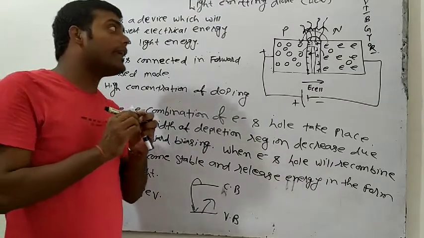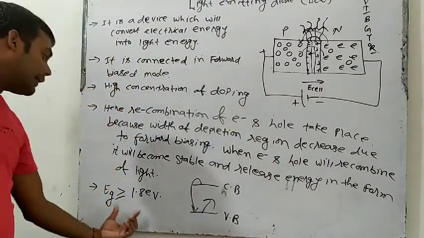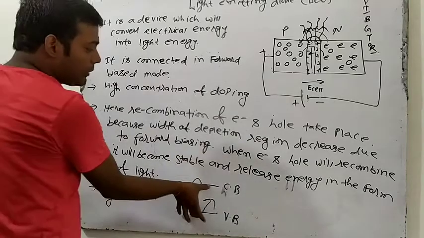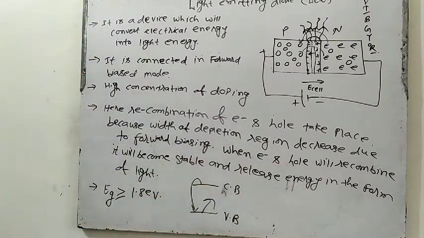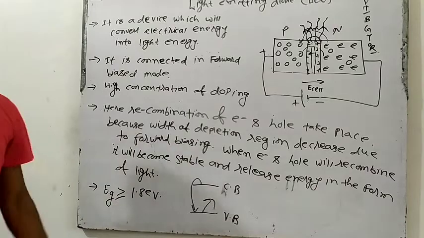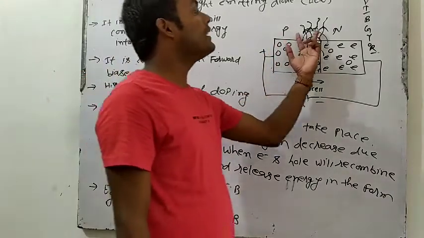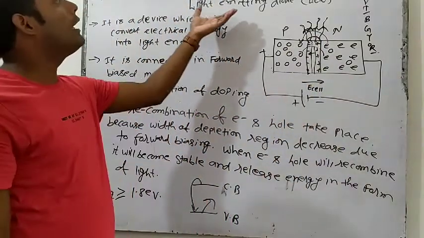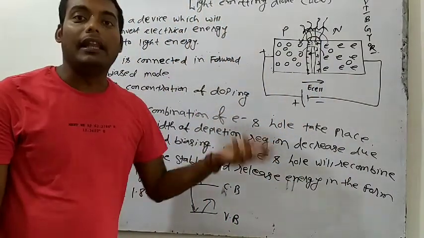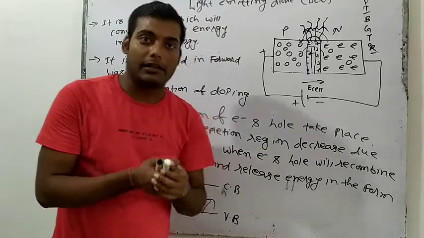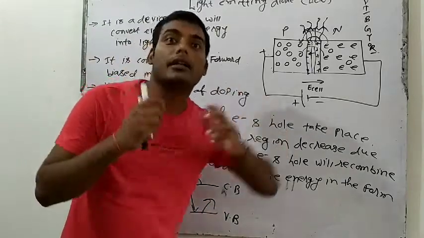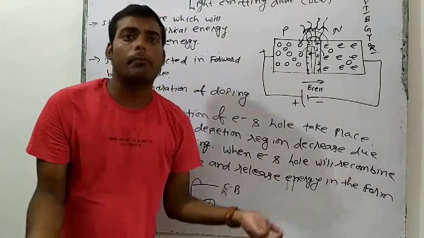So if the forbidden energy gap will be greater than, what is forbidden energy gap? Difference between conduction band and valence band. So when the forbidden energy gap is greater than or equal to 1.8 electron volt, then only we can see the light. And whenever I am making any LED bulb, then we want to see that light. If suppose there is a bulb and we can't see that light, then what is the need of making that bulb?